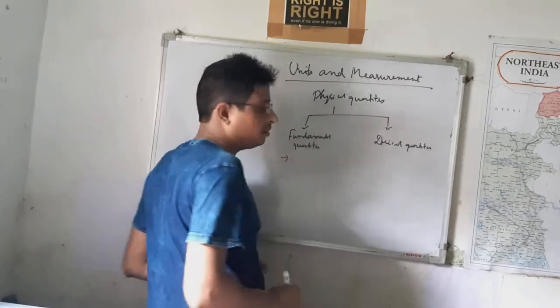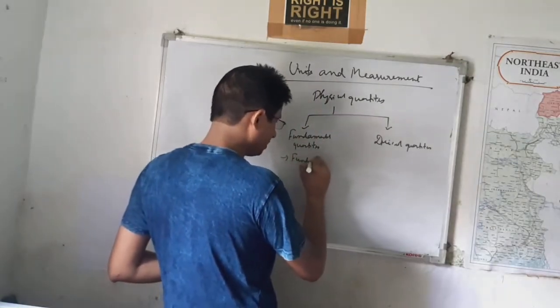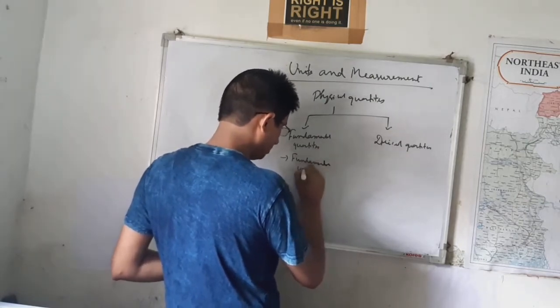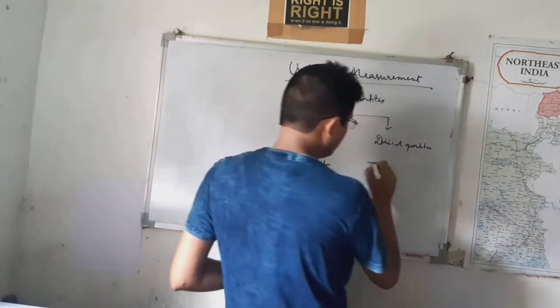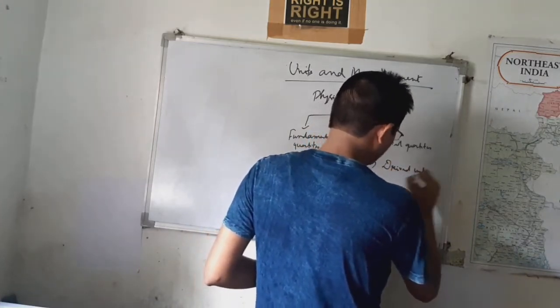The units associated with fundamental quantities are known as fundamental units. So fundamental units are associated with fundamental quantities. Derived units are associated with derived quantities.